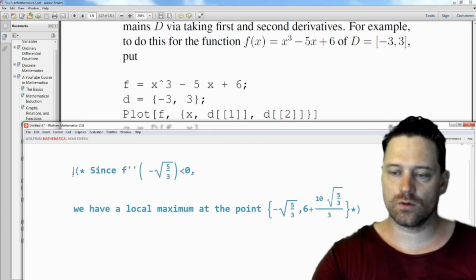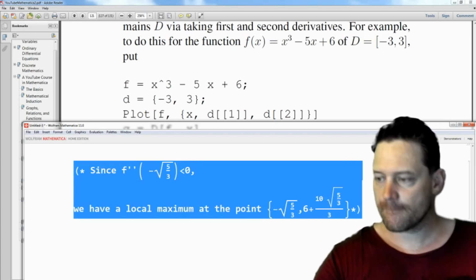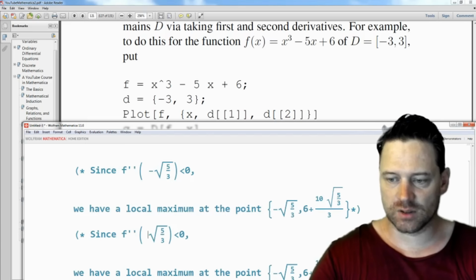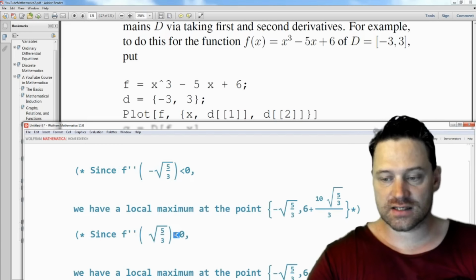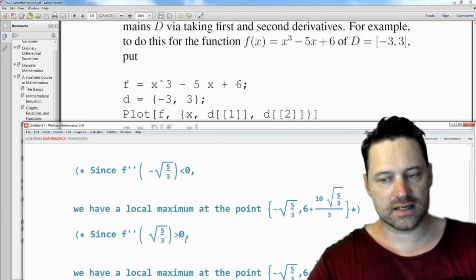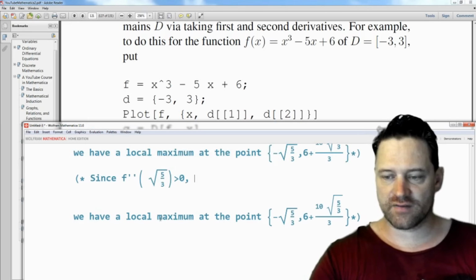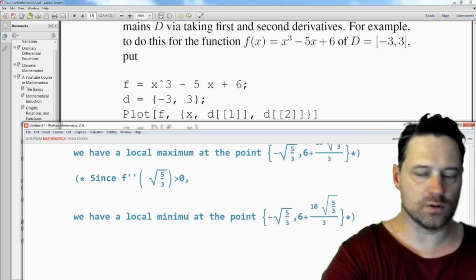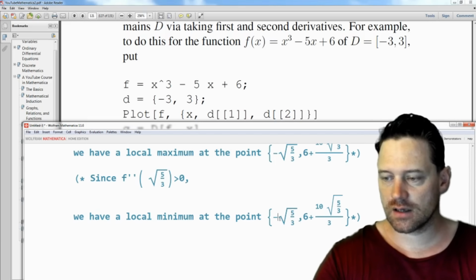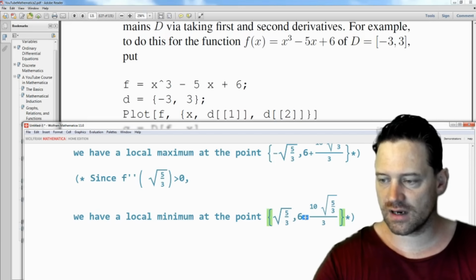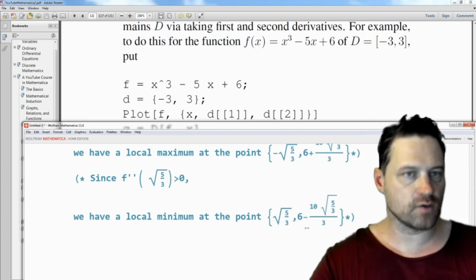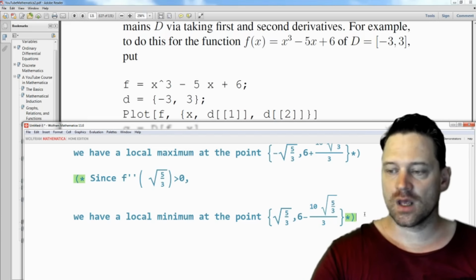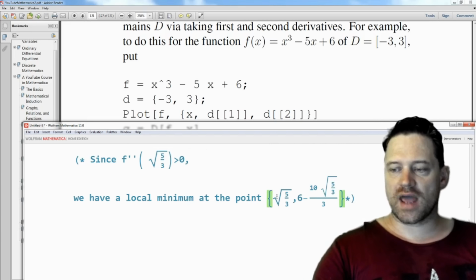Since f double dash of plus this square root is positive, we have a local minimum at the point plus root 5 on 3, and then this was, if I remember right, 6 minus this other number. Okay, so that's what we have so far.